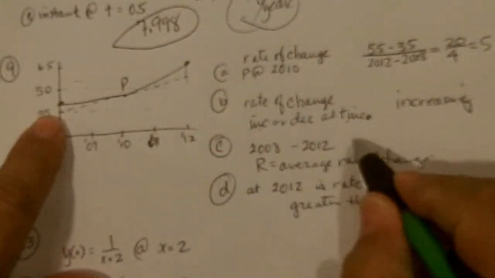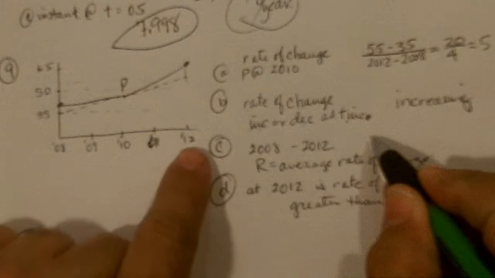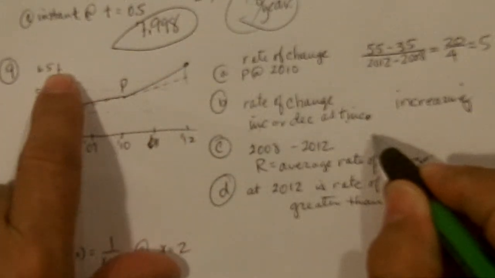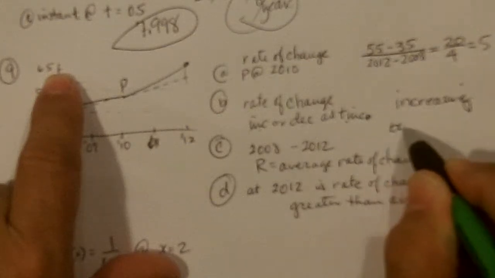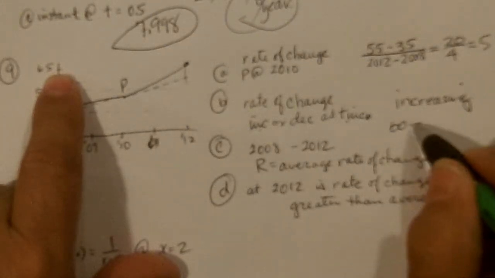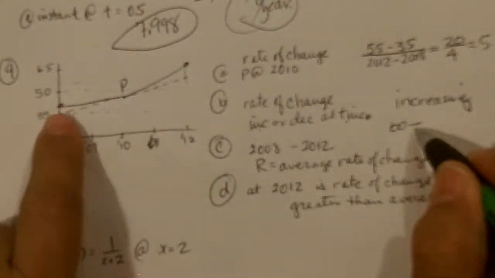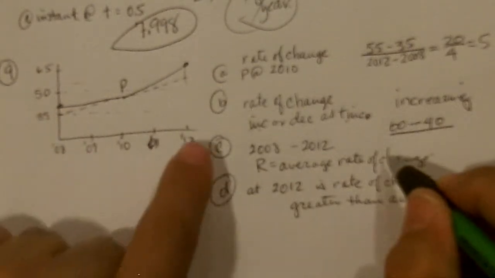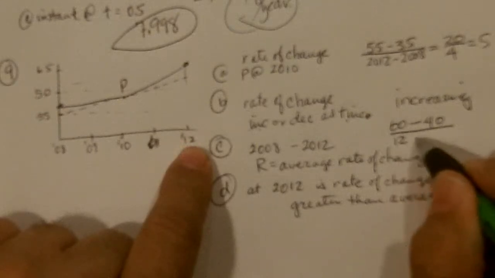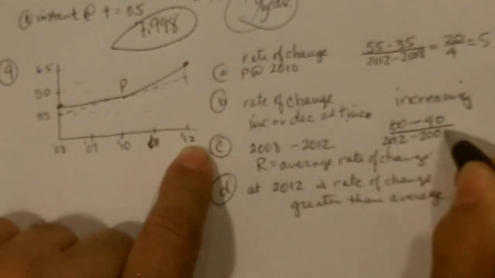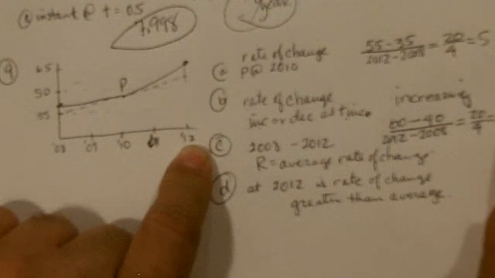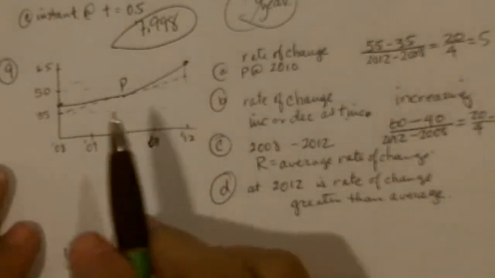So I would do how much it was at 2012, which was, I gotta look back, about 60%, minus the beginning, which was about 40%, over 2012 minus 2008, which is 4 years, and again that's 20 over the 4 years, or about 5% per year.